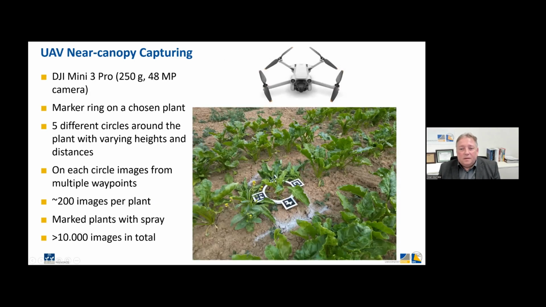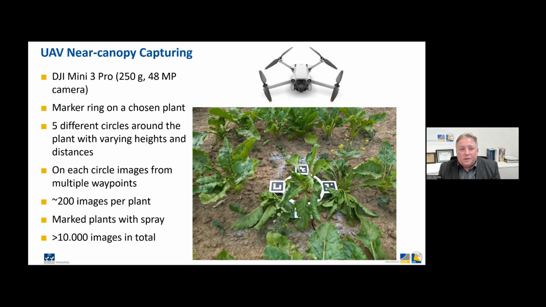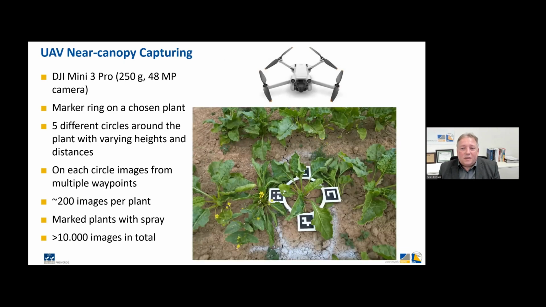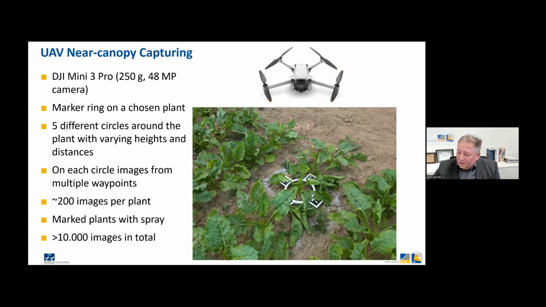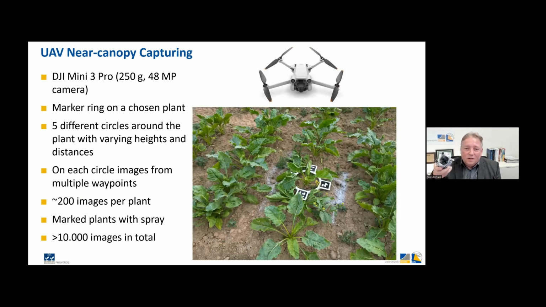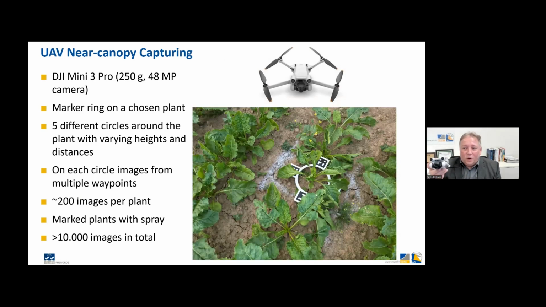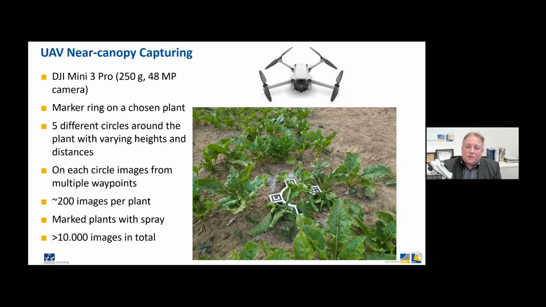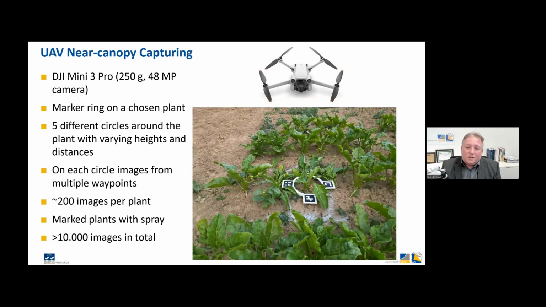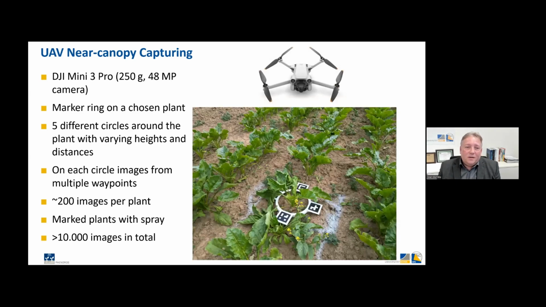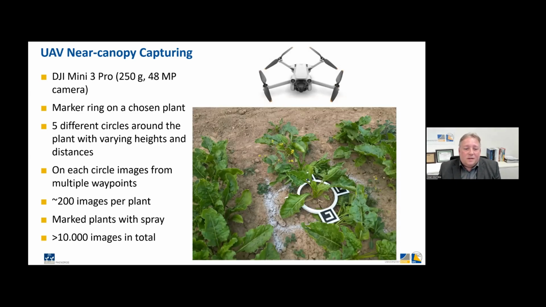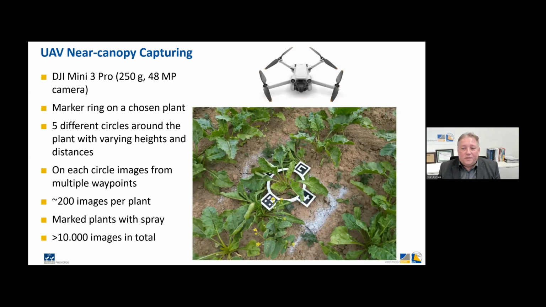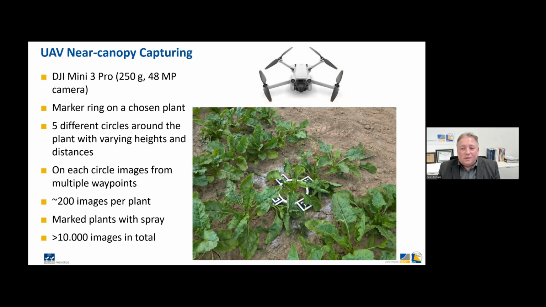The idea of this OpenCall1 project is to do essentially the same with such a small flying robot. This is just 250 grams. You can easily put this into your backpack, and that reduces a lot the logistic effort involved in capturing these images.